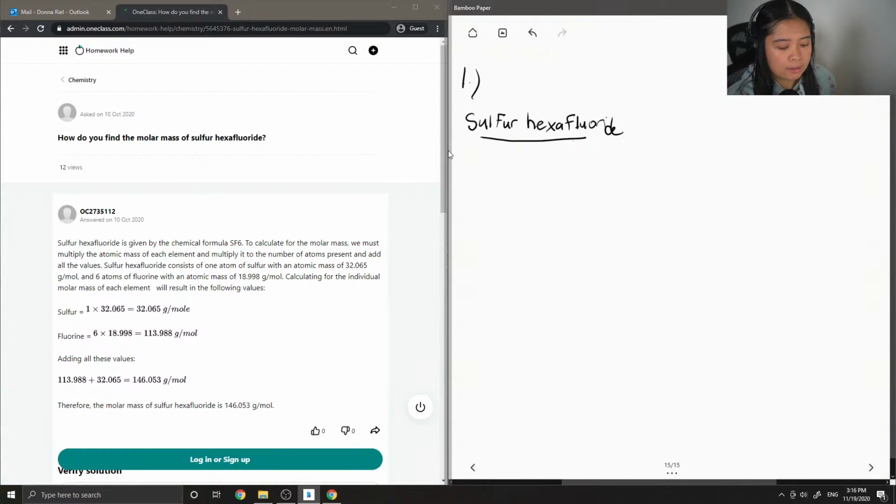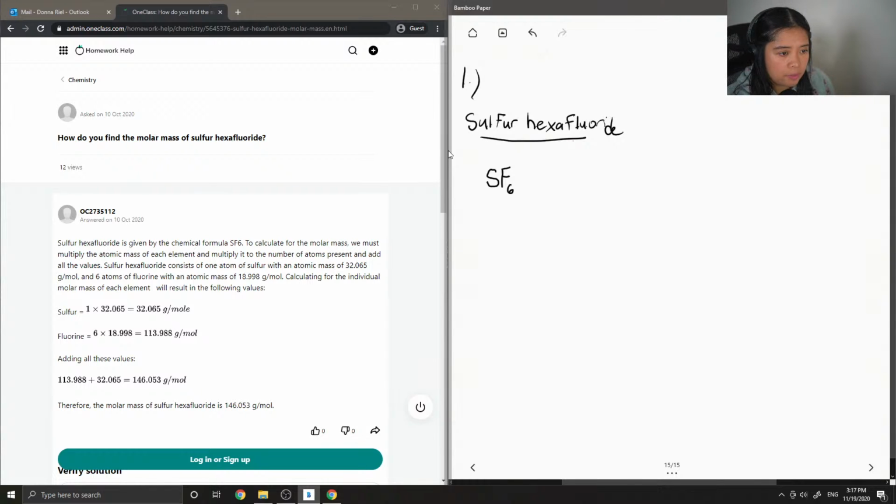To find its chemical formula, it starts with sulfur, so that's just S. And then hexafluoride. Fluoride is from fluorine, and the hexa tells us that there are 6 fluorines in this compound.